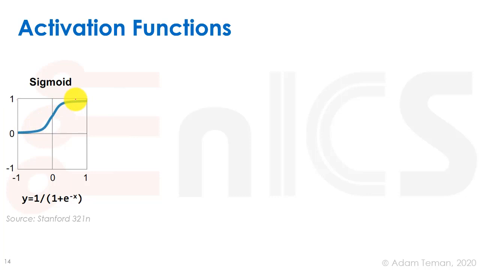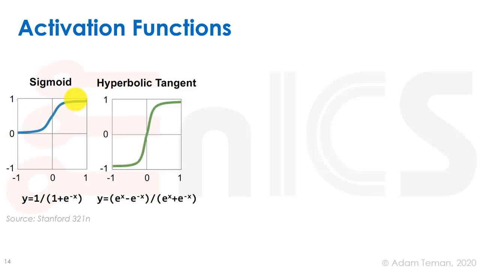That was generally the activation function that was used. The problem with sigmoid is that it is not centered around 0, and that causes ugly distributions sometimes, and it's harder to train. So that's why hyperbolic tangent became popular, which is very similar to the sigmoid, but instead of going from 0 to 1, it goes from minus 1 to 1, and that means it is centered around 0.